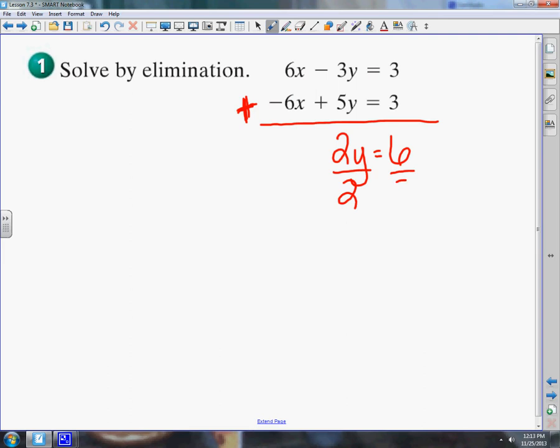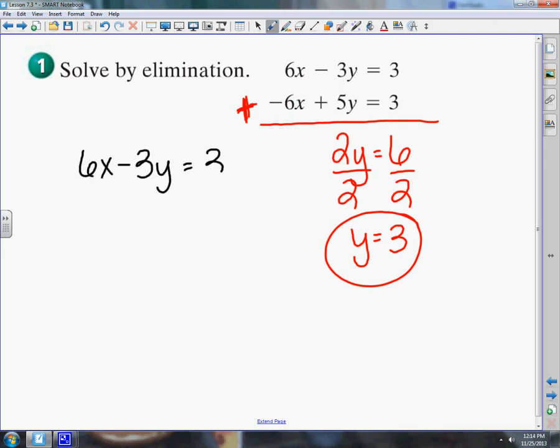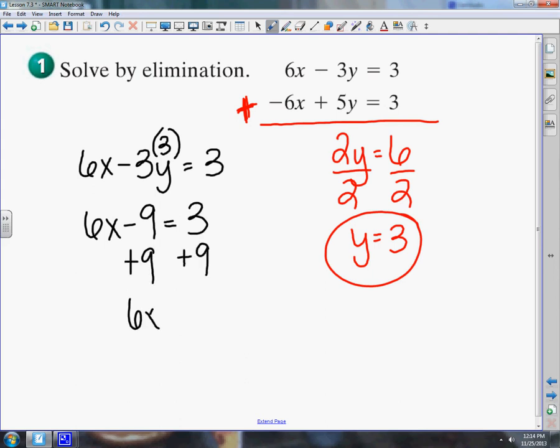So you divide by 2, so y equals 3. Then I'm going to do 6x minus 3y equals 3, and I'm going to put 3 in for y. So 6x minus 9 equals 3. Add 9 to both sides. So 6x equals 12, so x equals 2.